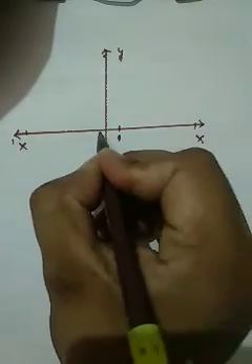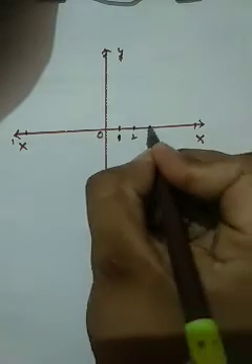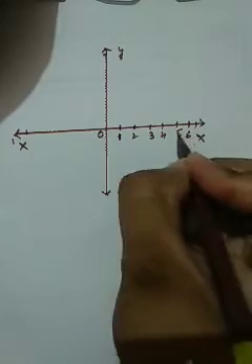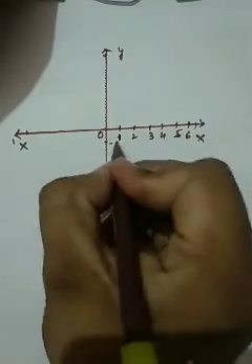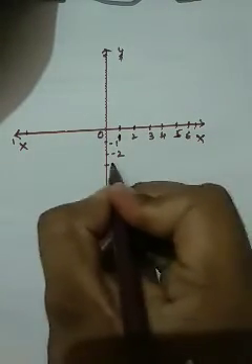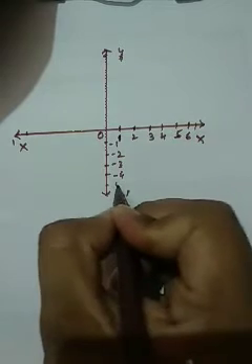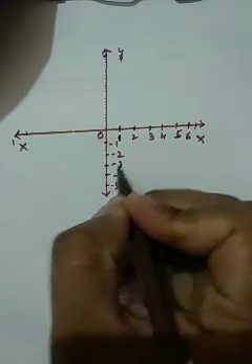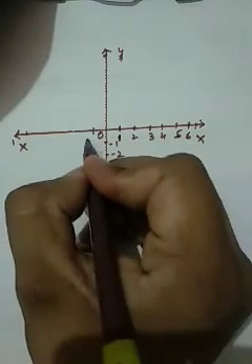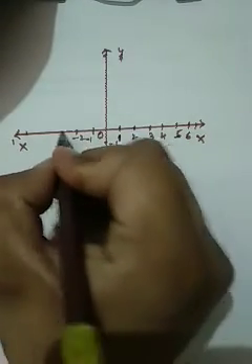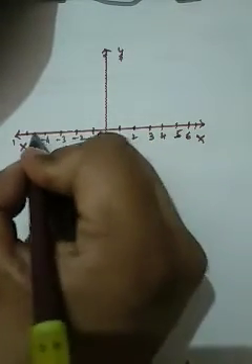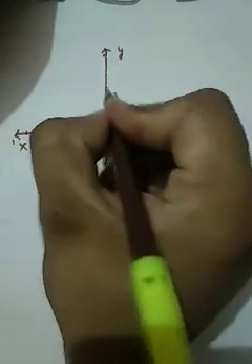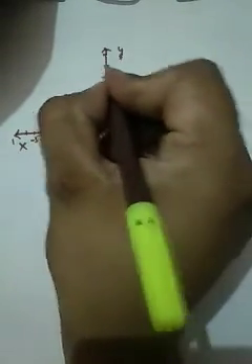This is 1, this origin is 0, this is 2, 3, 4, 5 and it is 6. It is minus 1, minus 2, minus 3, minus 4, minus 5, and this is minus 1, minus 2, minus 3, minus 4, minus 5. This side 1, 2, 3, 4, 5, 6.